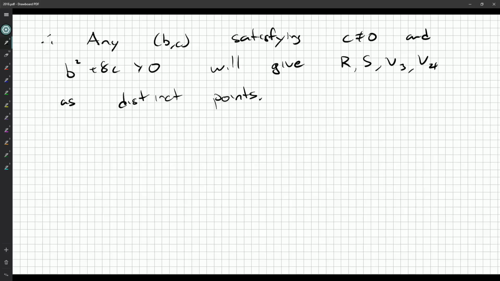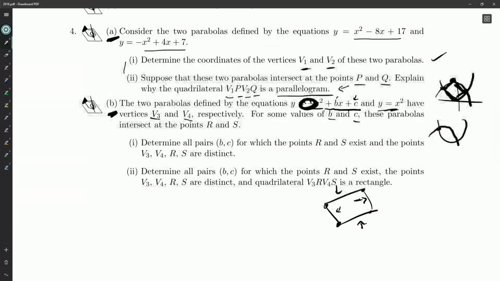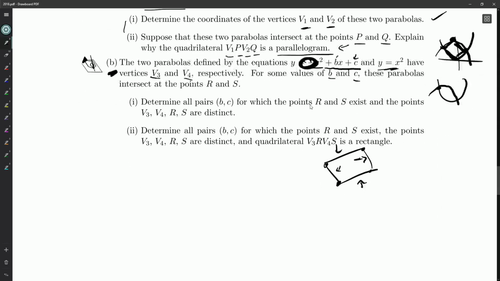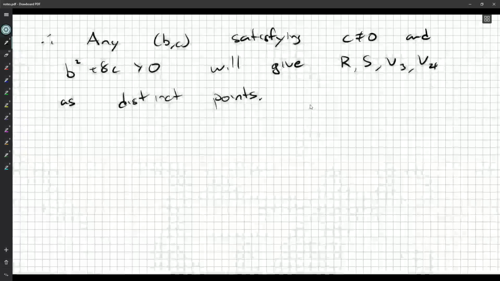Okay. So, determine all pairs B, C for which the points R and S exist, the points are distinct, so that's fine, and V3, R, V4, S is a rectangle. Okay.